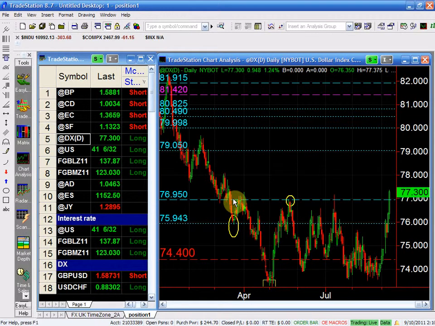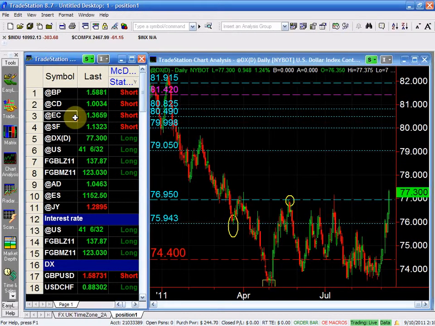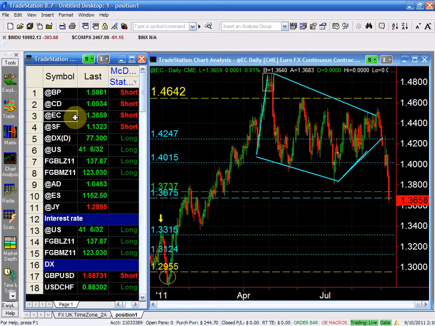The next pair that actually had the biggest move again, and that's what I'm going to look at, is the euro. And we have discussed the euro for the last several weeks, and I have pointed out to you for the last 4 or 5 weeks that it is setting itself up in what is known as the diamond formation.